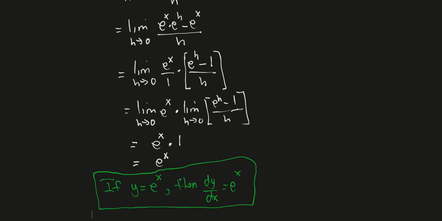We have now a really good list of rules to start building this calculus mansion, this skyscraper that's going to represent lots of important results, and we'll be able to solve lots of really cool problems. But it starts with this process, knowing the rules, knowing how to apply them.